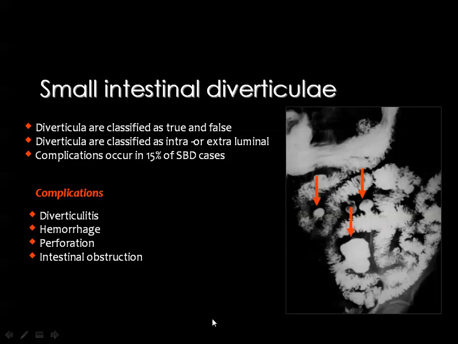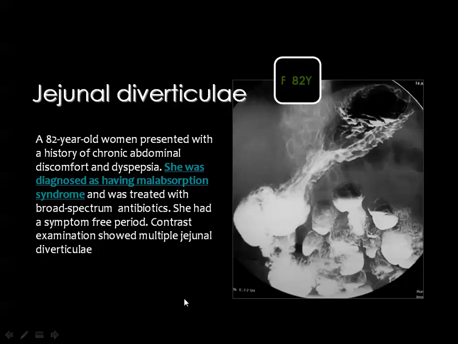Here is a case of multiple small bowel diverticuli. You see this one and this one and this one and a very big one here. This is a case of a female patient who presented with signs and symptoms clinically suspected to represent malabsorption, and she was treated with antibiotics with mild improvement.